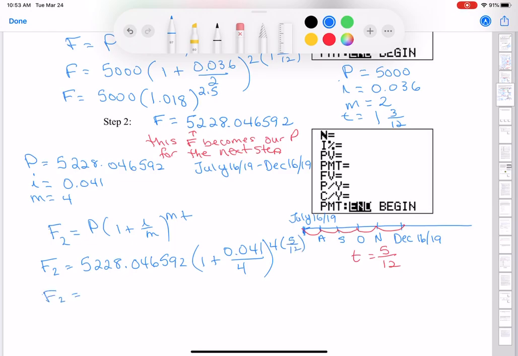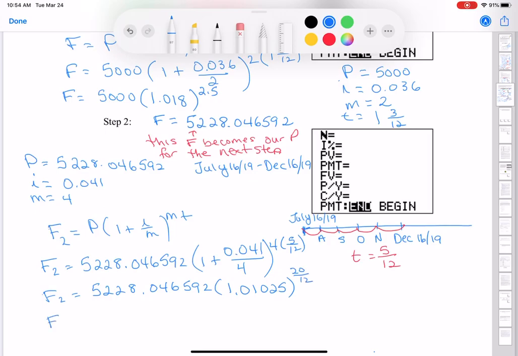You are more than welcome to punch this right into your calculator if you wish, but for the purposes of this note, I'll just clean this up. Really important that you don't lose any decimals in this process. So this is just 20 over 12.